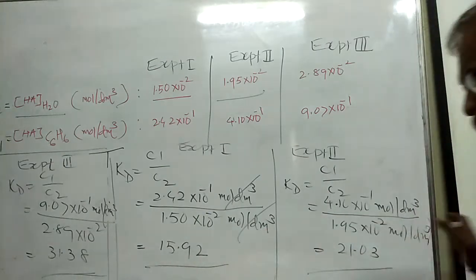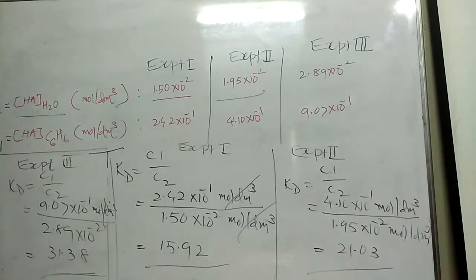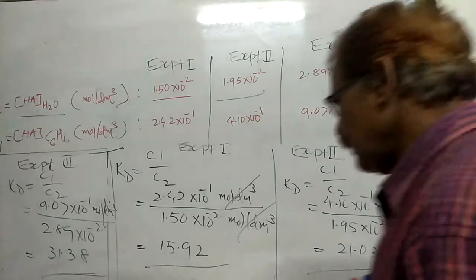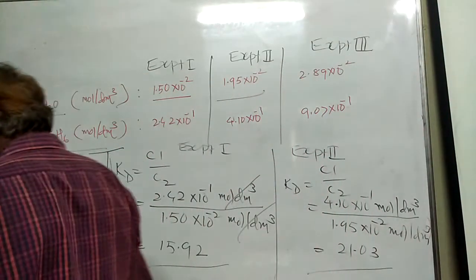The numerical values which we have obtained in this particular case are not constant. All these values vary from each other: 15.92, 21.03, 31.38.